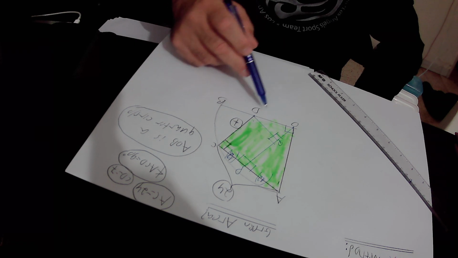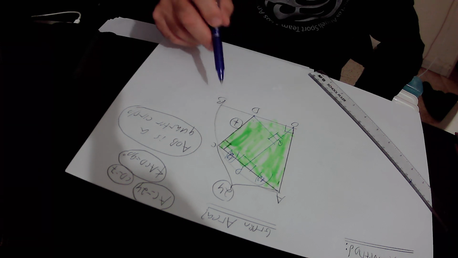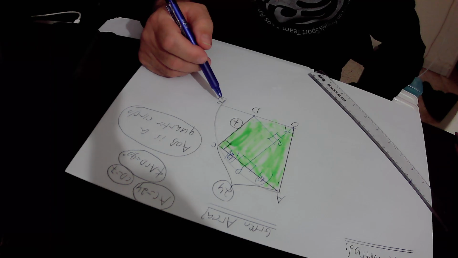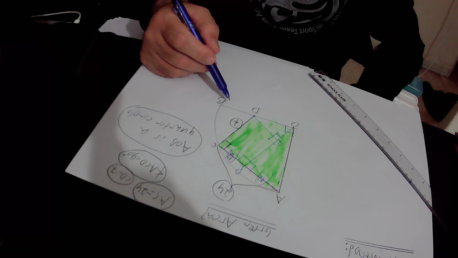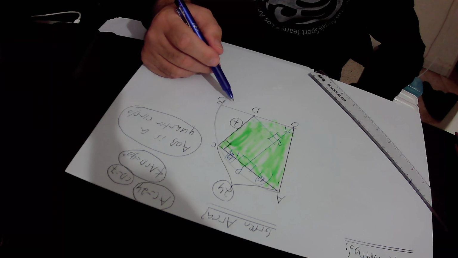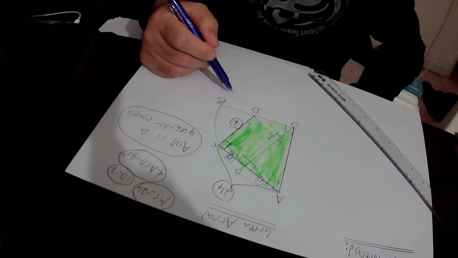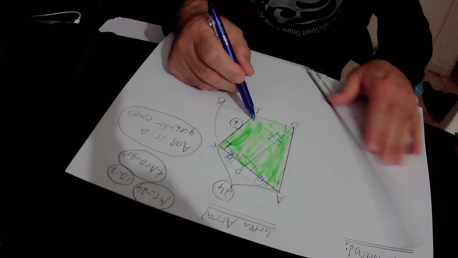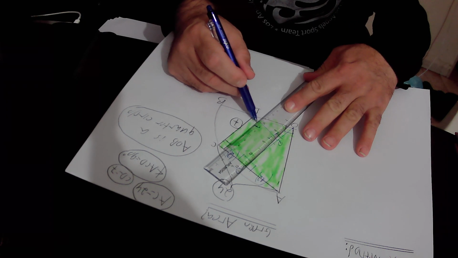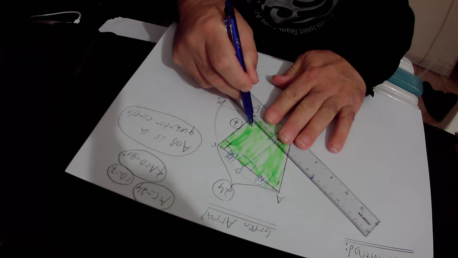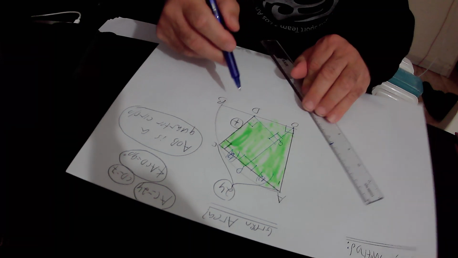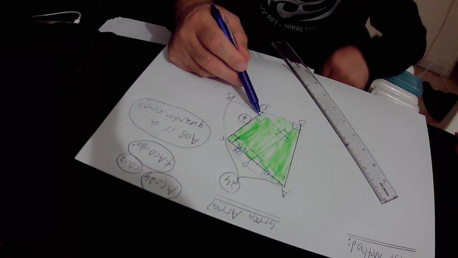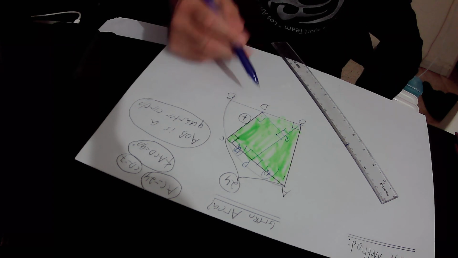In total, those 4 angles must equal 360 degrees according to the rule that the sum of the angles in any quadrilateral is 360 degrees. Therefore, the missing angle here must be equal to 90 degrees.